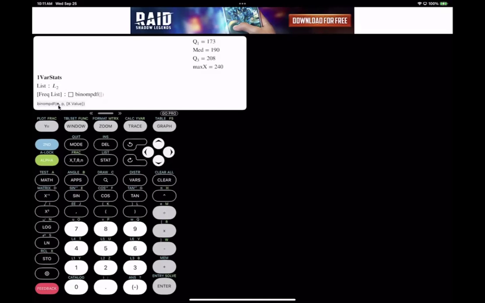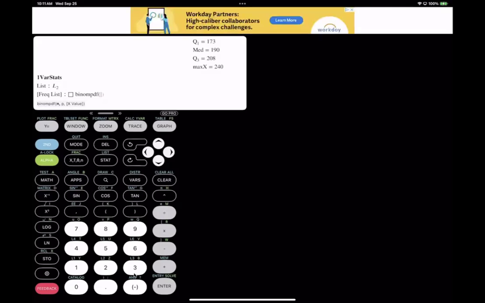So n is the total number of people who participated in the surgery, which is going to be 3. So hit 3, then we need a comma. So let us use a comma here. The probability of success was 90%, so you're going to put 0.9.